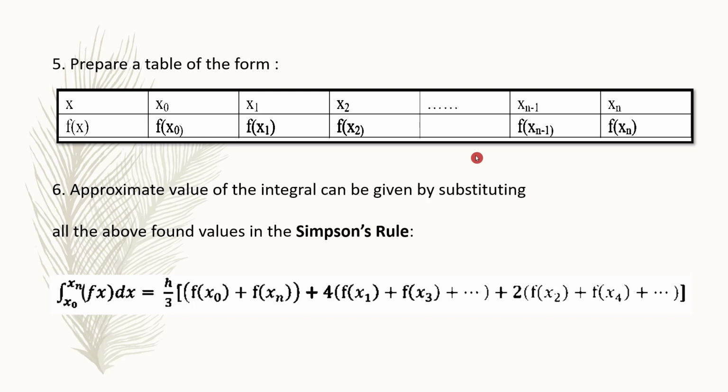Then the approximate value of the integral can be found by substituting all the above values in Simpson's rule. The main points to note while using Simpson's rule are that the value of n, the number of subintervals, must be an even number, and a minimum of 3 points must be there for you to use Simpson's rule.